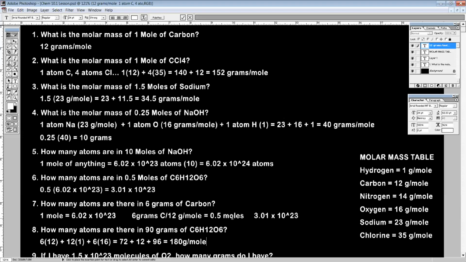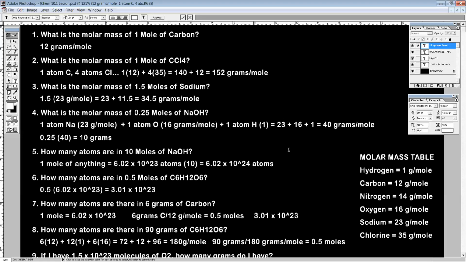For that sugar, we have 90 grams. We divide that by the 180 grams per mole, and that's going to be equal to, once again, 0.5 moles.